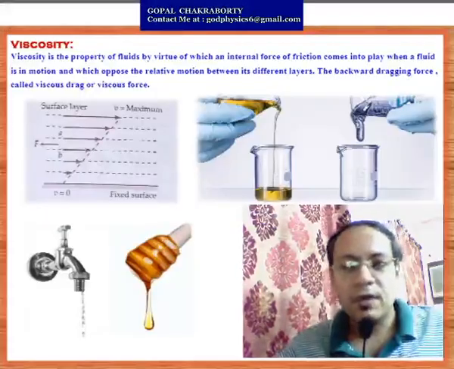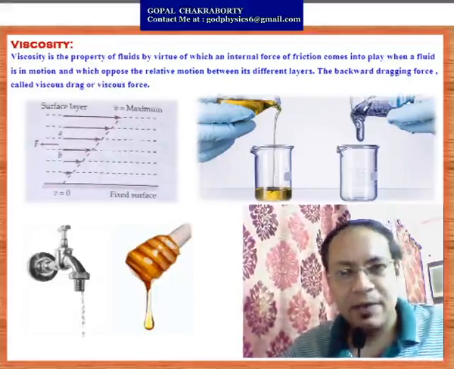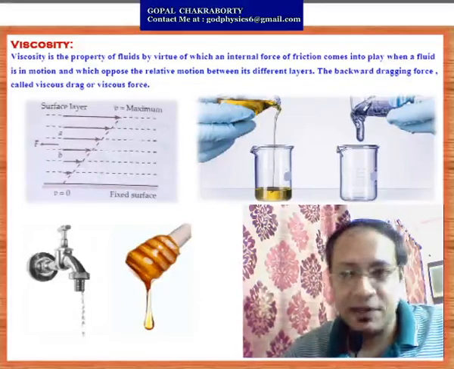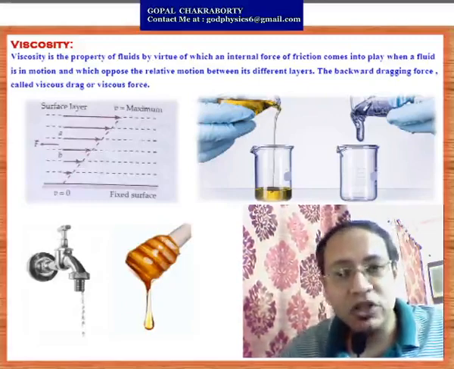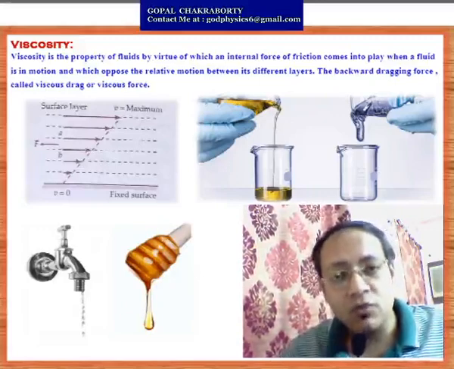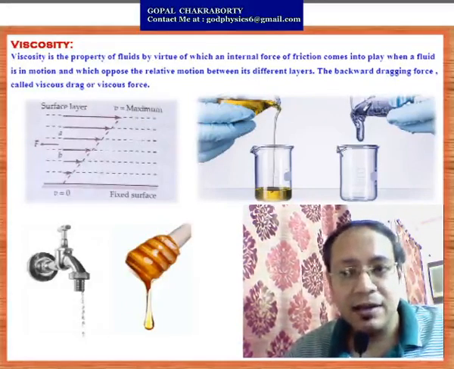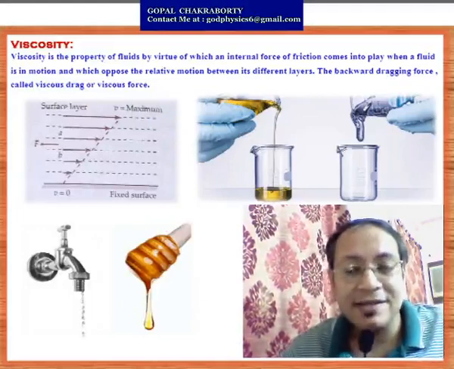Now, what is viscosity? Viscosity is the property of a fluid by virtue of which an internal force of friction comes into play when a fluid is in motion, and which opposes the relative motion between its different layers. The backward dragging force is called viscous force or viscous drag.